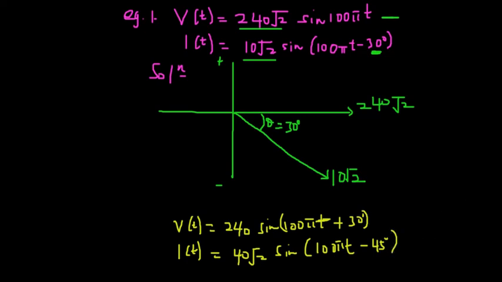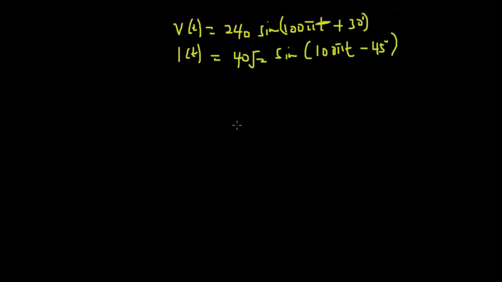So let's see how we can represent this on a phasor. Let's first draw our phasor diagram. We know that this is positive, this is negative. Now we have 240 with positive 30, so let's say these are positive 30. That's our peak voltage of 240.